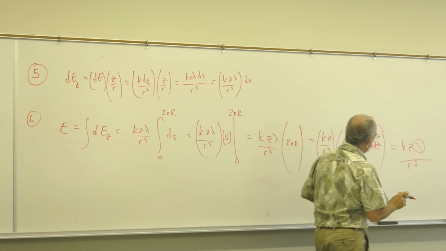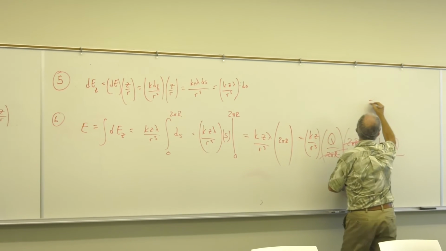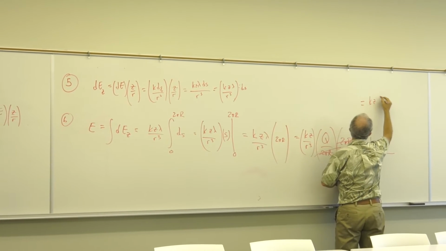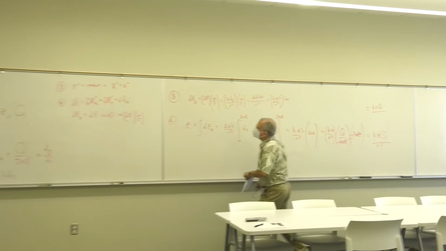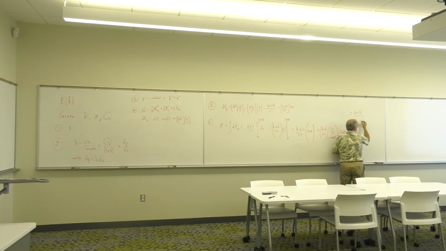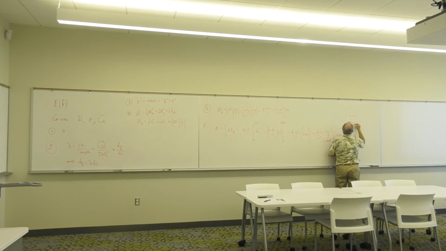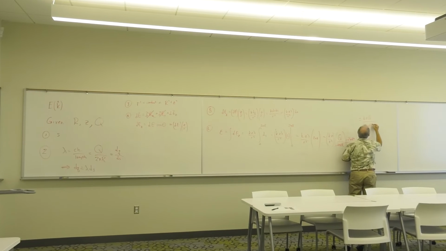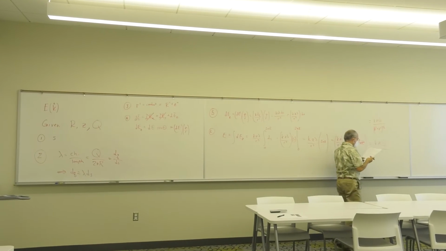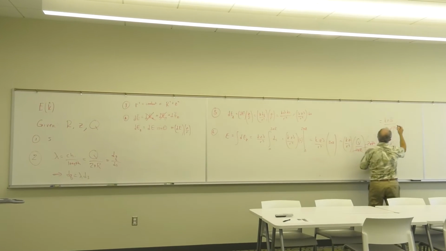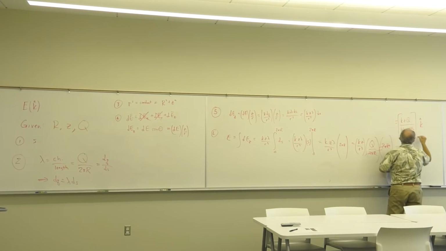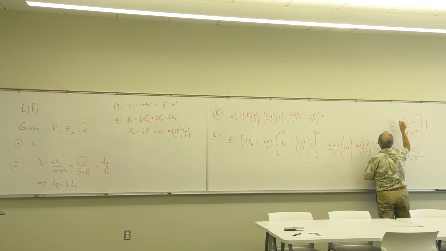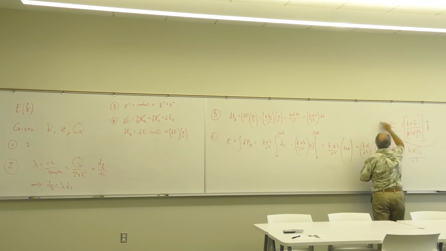And again, I think we should really write this as k z q over (r squared plus z squared) to the 3 halves. Ta-da.